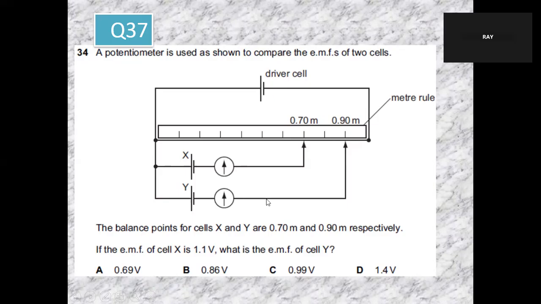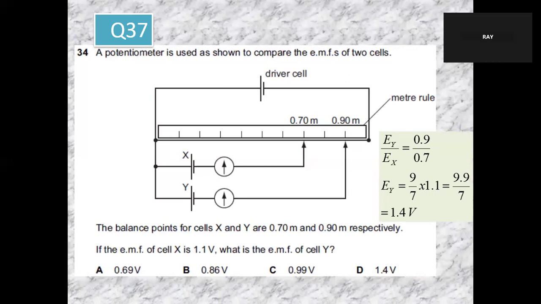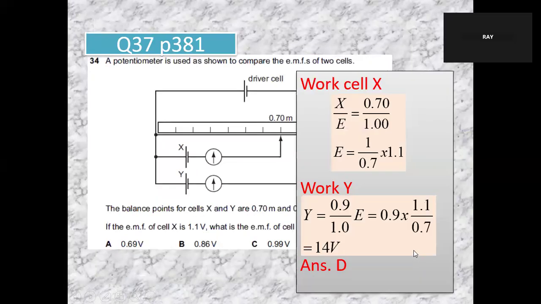For this cell, the balance point is 0.9. If the EMF of cell X is 1.1, what's the EMF of Y? Is it B? Oh, wait, no. EMF of Y or EMF of X is 0.9 over 0.7. So it's 1.4.